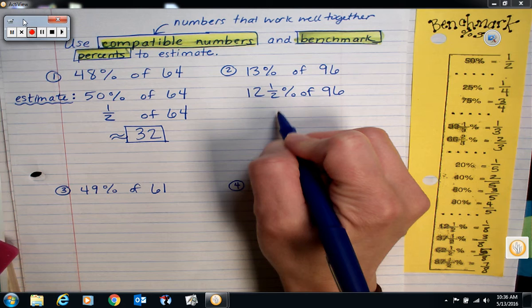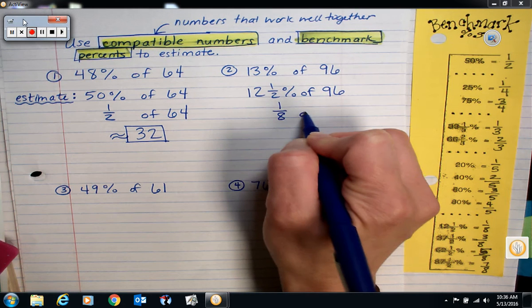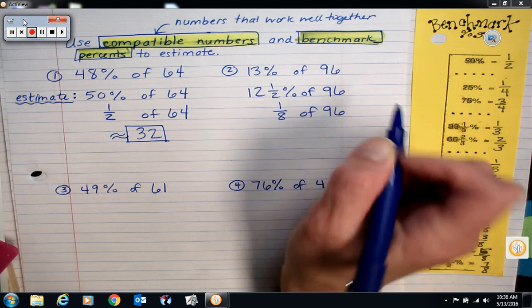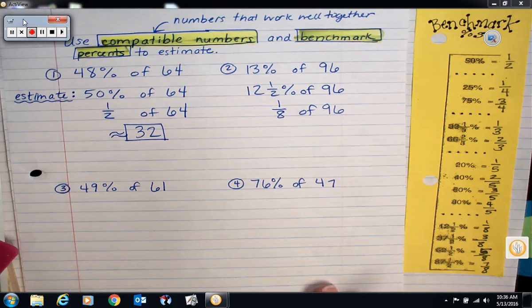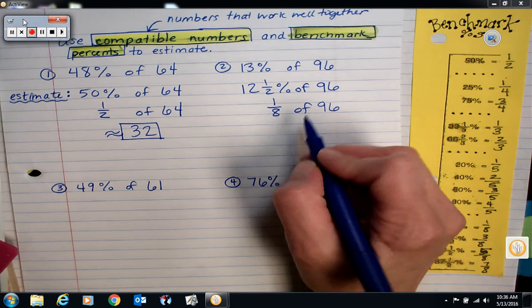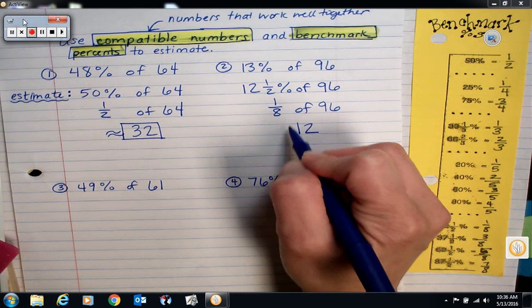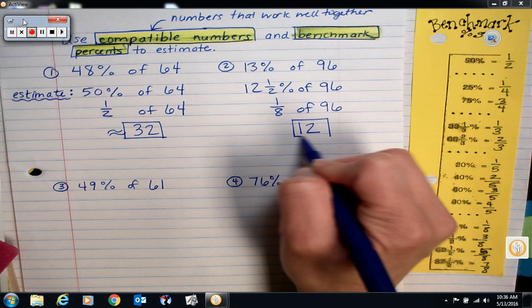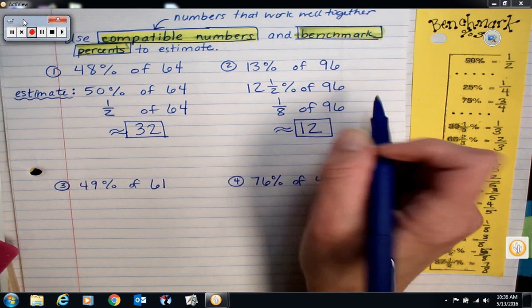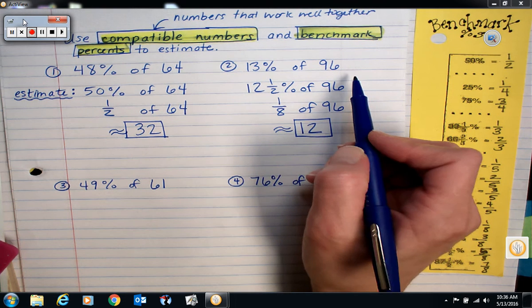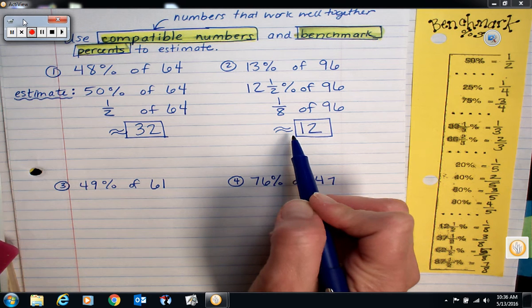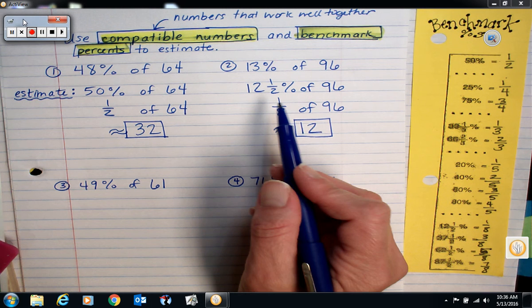So I'm going to change this now to say 1/8 of 96. If I divide 96 into 8 parts, then I know that one of those 8 parts is 12. So I can say that 13% of 96 is about 12, because 12 is 12.5% of 96.